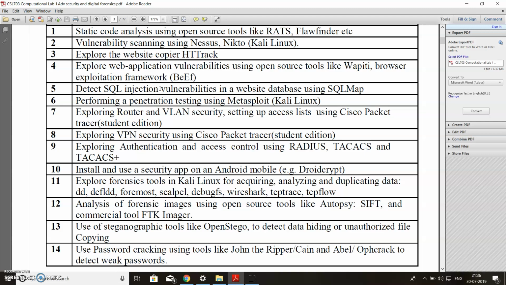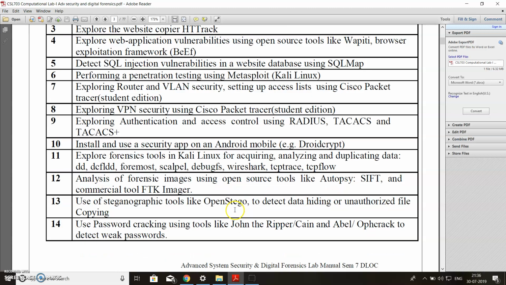Similarly, towards the end, from experiment number 11 onwards, we will be focusing on the various forensics aspects, digital forensics aspects. For example, if a crime happens, we must be in a position to cope up with the crime. We must be in a position to file a case against the criminal.